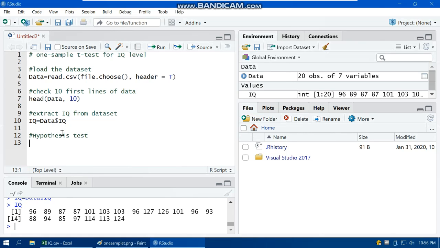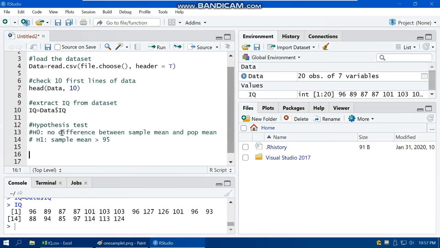Our null hypothesis is no difference between sample mean and population mean, but the alternative hypothesis is that our sample mean is greater than population mean, which is 95. We want to test this hypothesis at 95% confidence level.